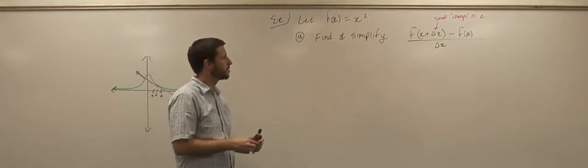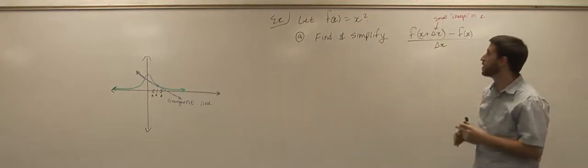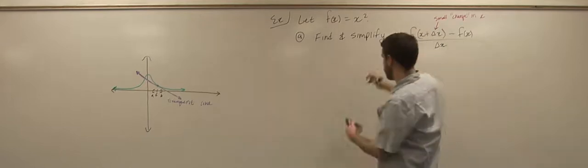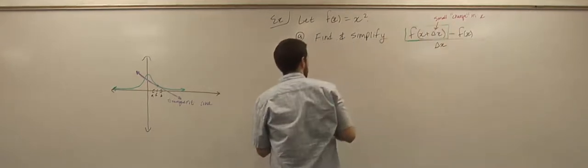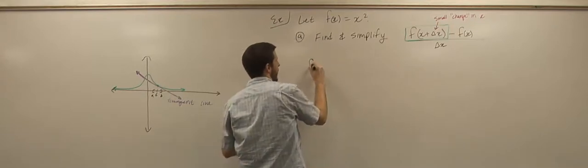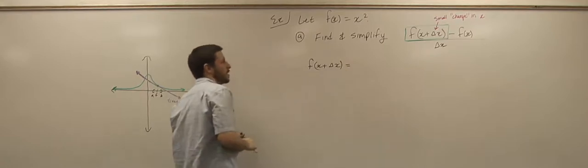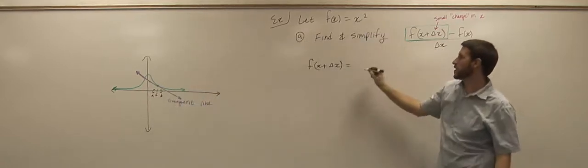You have to first figure out what x plus delta x equals when you plug it into f. So I'll do that right here. f of x plus delta x equals, well, this means take this quantity and plug it into your function.